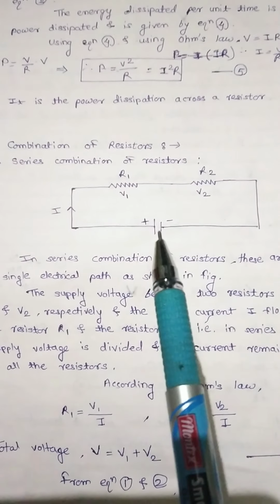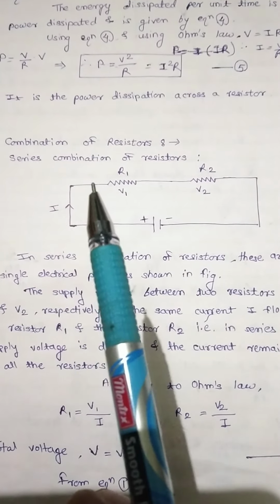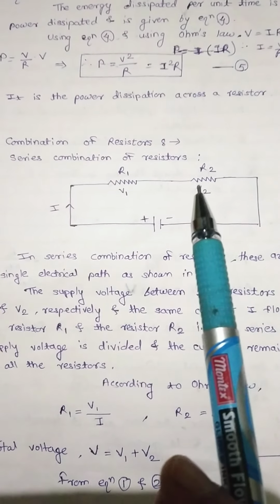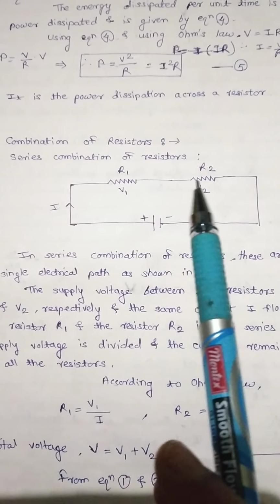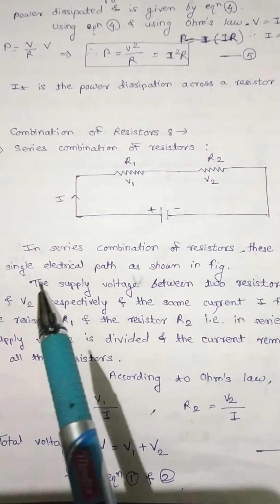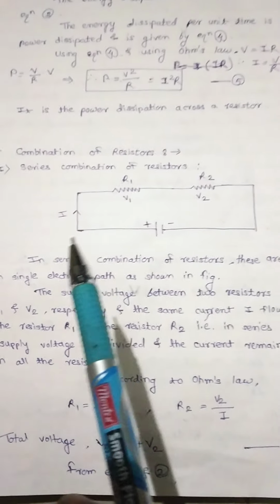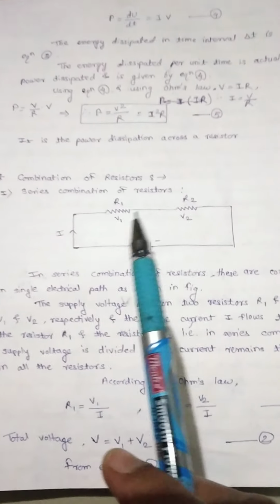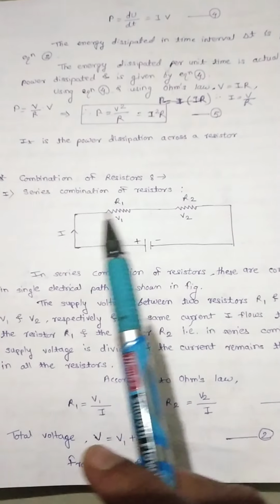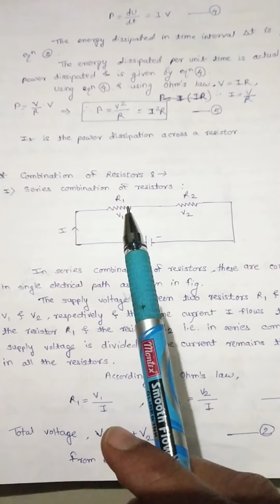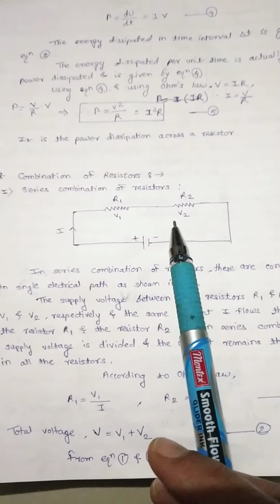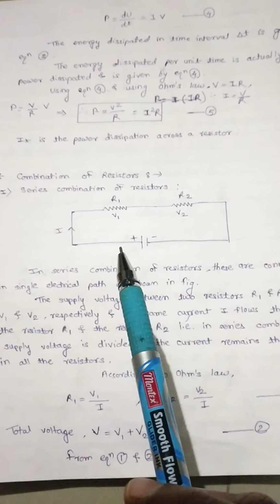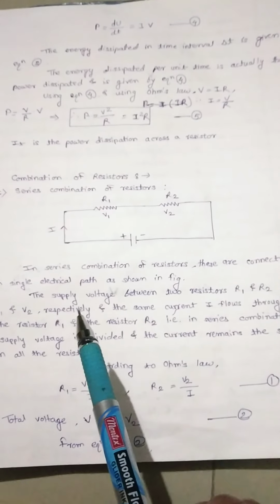Means here the battery supplies the current through the first resistance R1 and then the second resistance R2, the single path. Then the voltages across the two resistors R1 and R2 are V1 and V2 respectively.